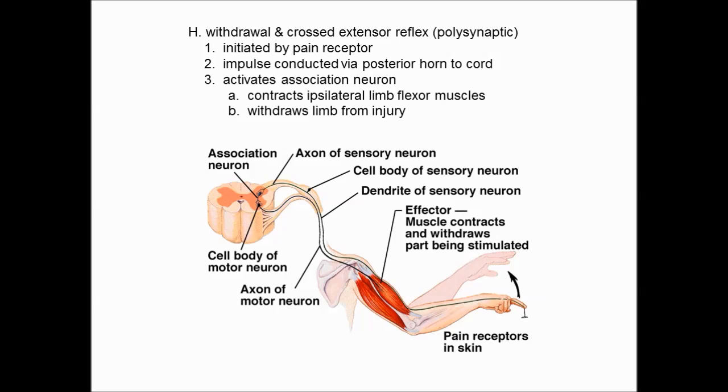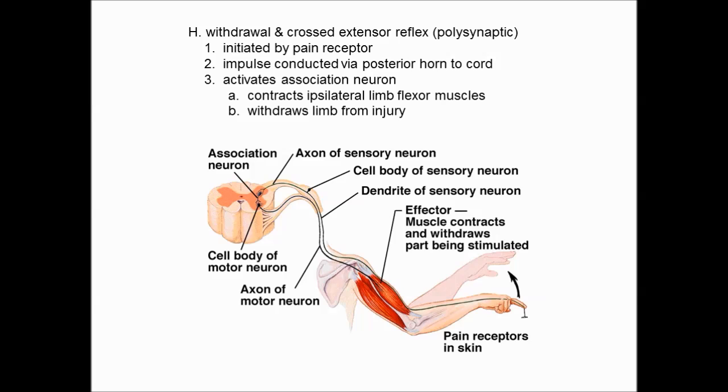Okay, these are polysynaptic reflexes, and they're more complex in that they go into the spinal cord and require an interneuron, an association neuron, that couples to often more than one neuron, or even decussates and couples to neurons on the other side, the contralateral side.